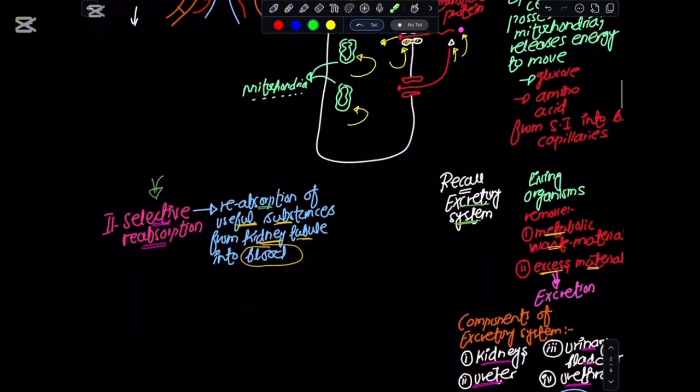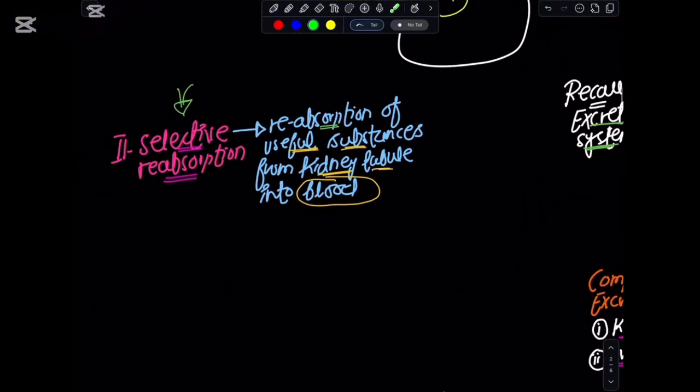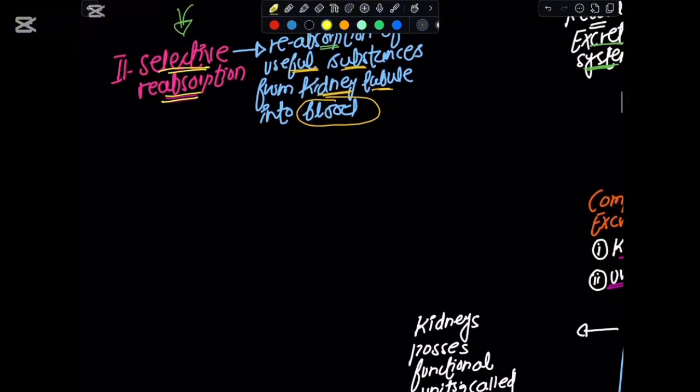Now the second scenario was that whenever in our body we have to bring about the selective reabsorption of some useful substances. So this would be the selective reabsorption. The usual idea is that when multiple chemical reactions take place inside my cells, as a result some waste materials get produced.